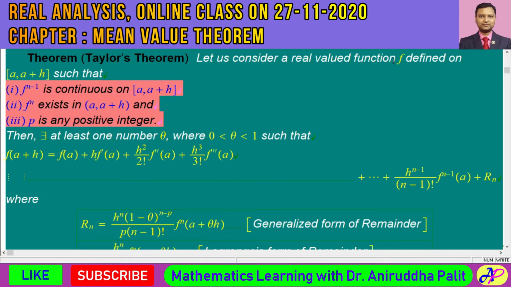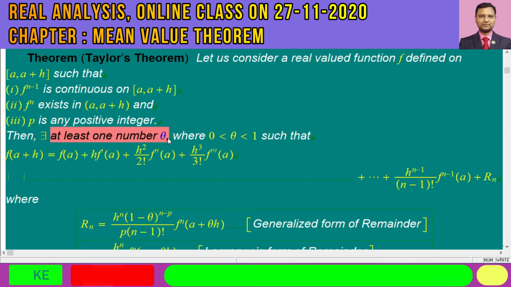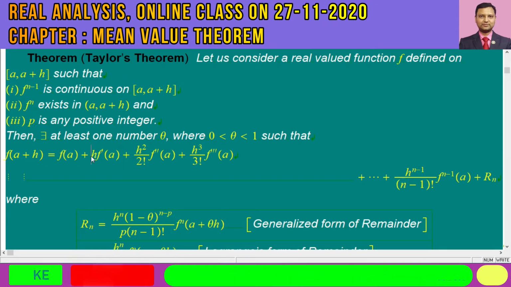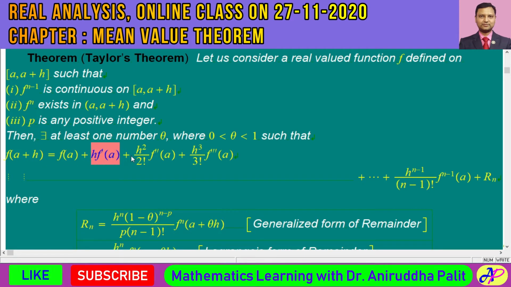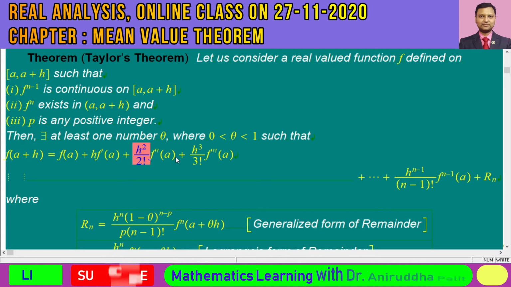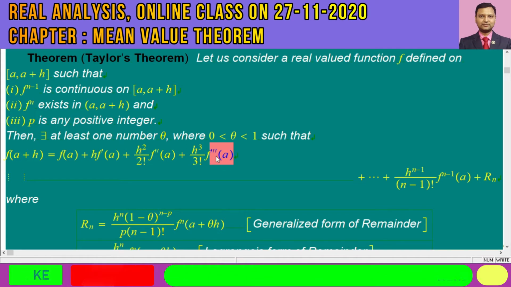And if the function f satisfies these criteria, then there exists at least one number theta, where 0 < theta < 1, such that f(a+h) is equal to f(a) + h f'(a) + h^2/2! f''(a) + h^3/3! f'''(a), and so on.